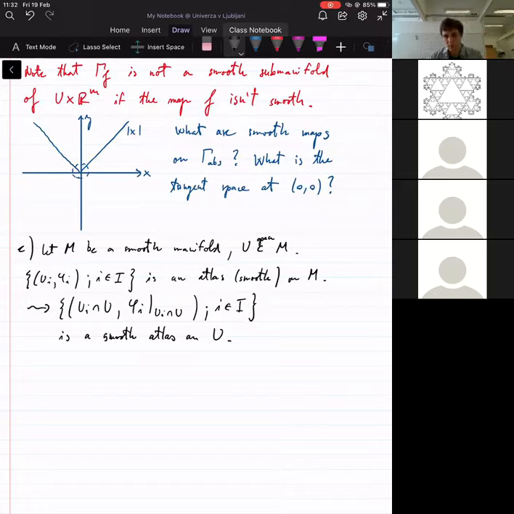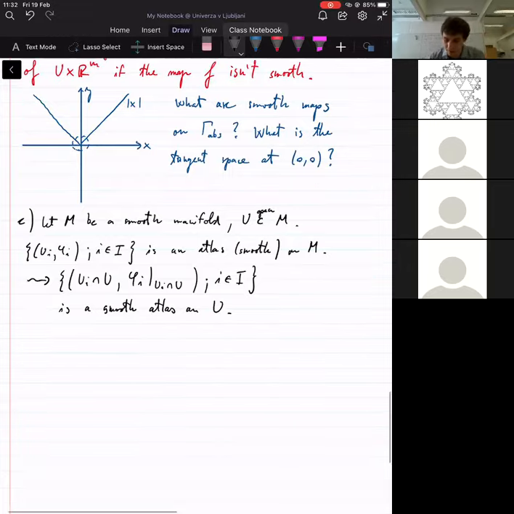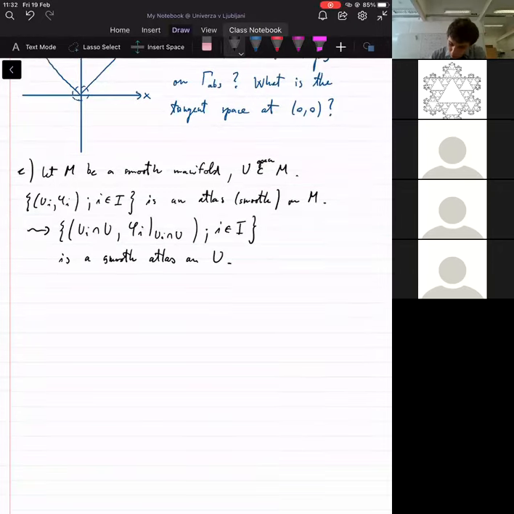So we have that, and then we have the transition maps, and since we are doing nothing else but restricting to open subsets, diffeomorphisms stay diffeomorphisms, and that's more or less it. So we are not going to bother with this. Okay.